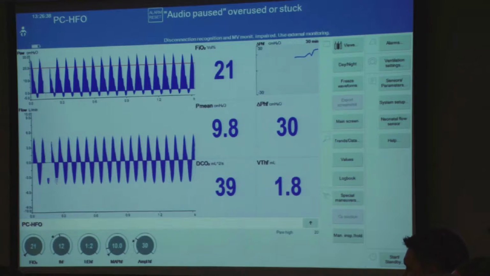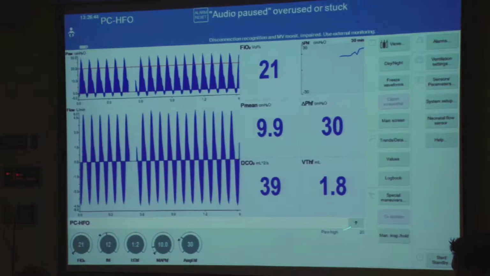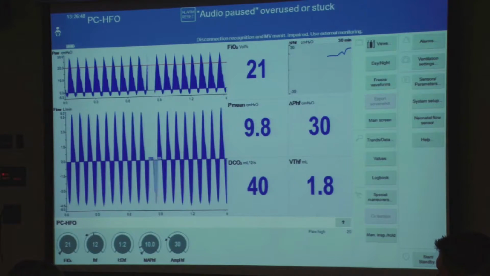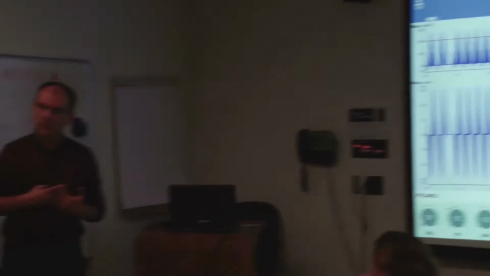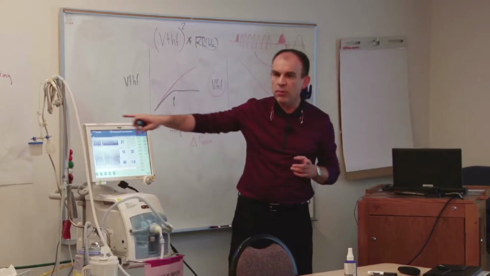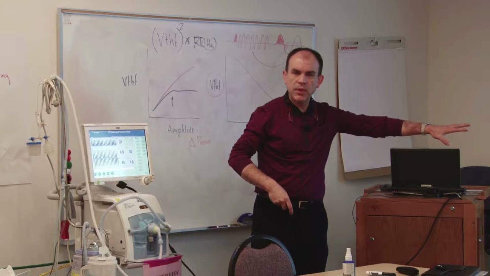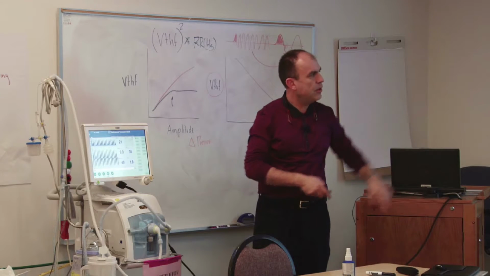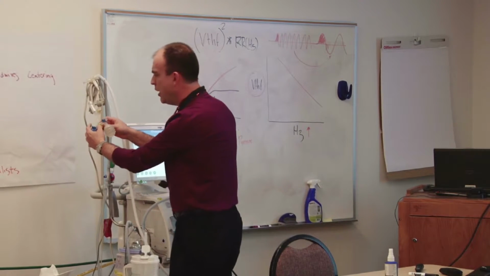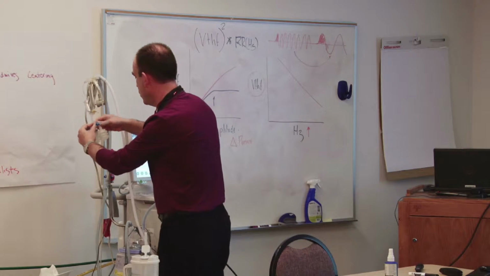Because what's really important is what's going on here. This is the parameter that's going to really correlate with your ventilation, and not necessarily this one. Because if I change the compliance there with the same amplitude, I will have a different VTHF. And we can do that by excluding one lung and reducing the compliance to 50% of what it was originally.